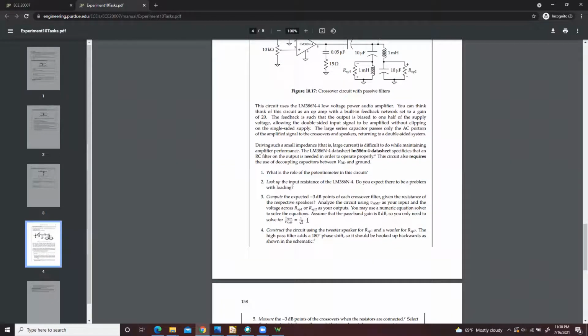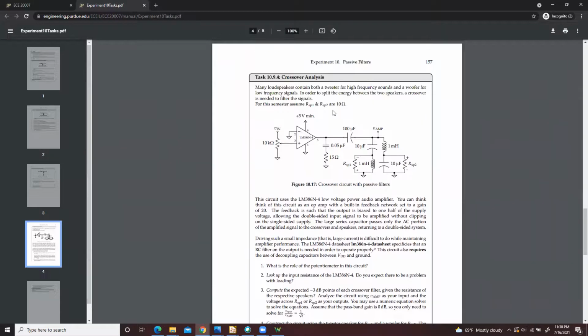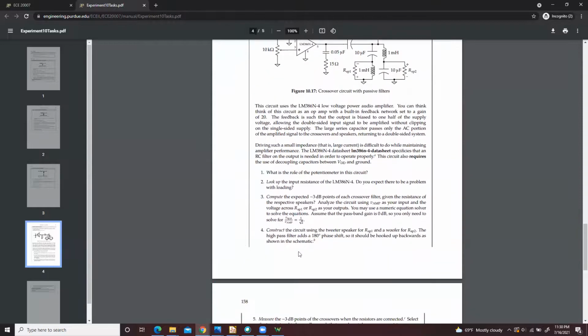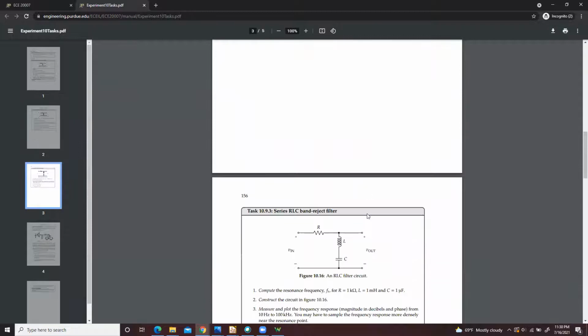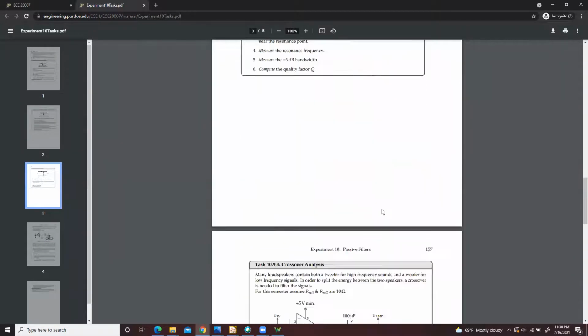And then for question 4, you're going to start building the circuit. Okay, so R1 and R2 is the speaker, but since this semester most of you work at home, you will replace the speaker with a 10 ohm resistor, and you can build the circuit and do the same thing as task 1 and task 2, and also task 3.